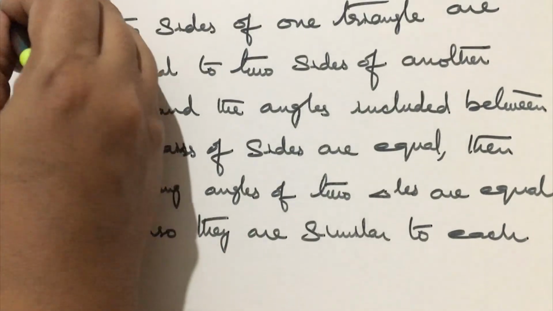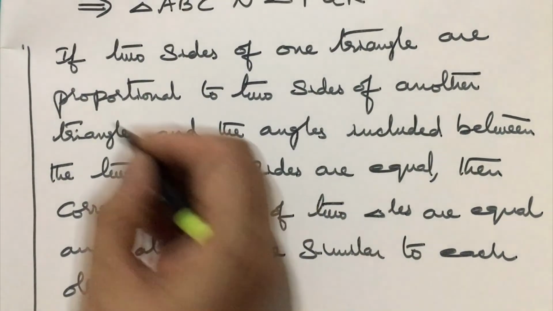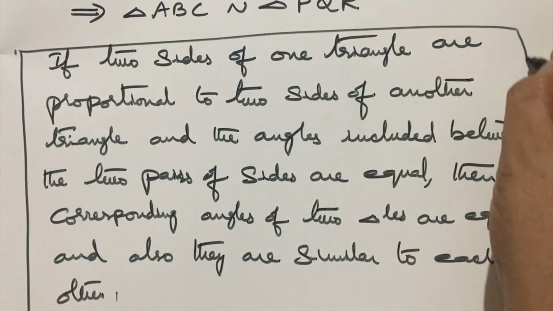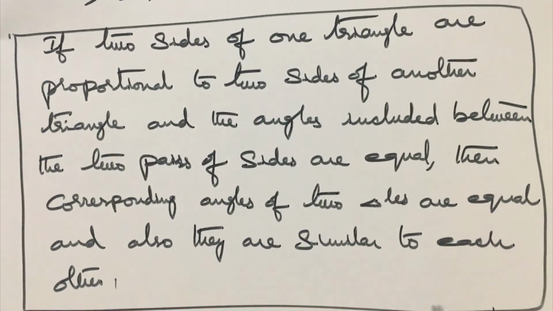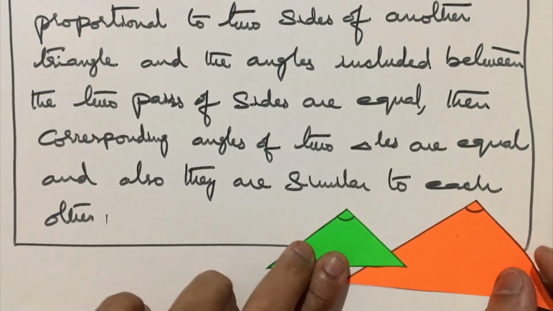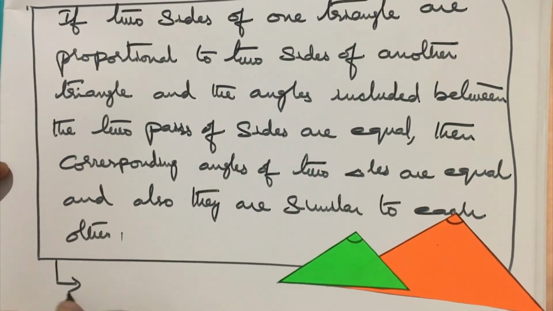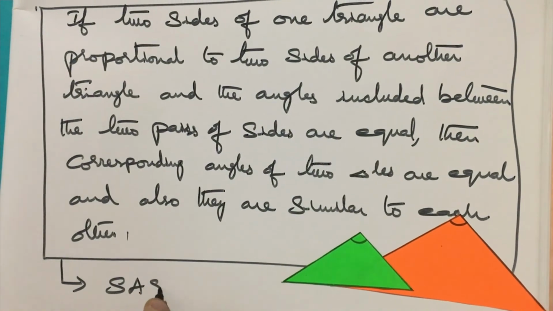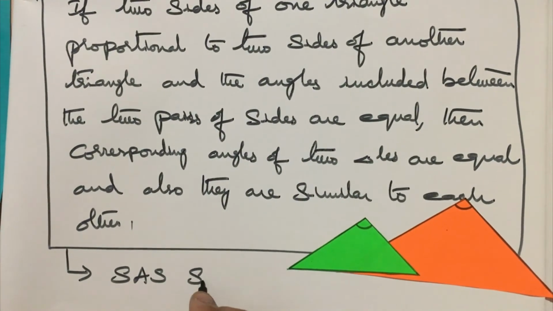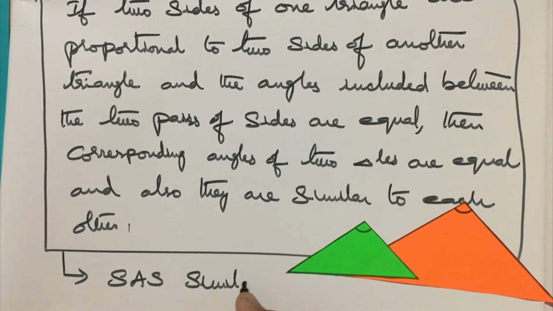So this is nothing but what we call the SAS similarity criterion. Okay, this is nothing but the SAS similarity criterion.